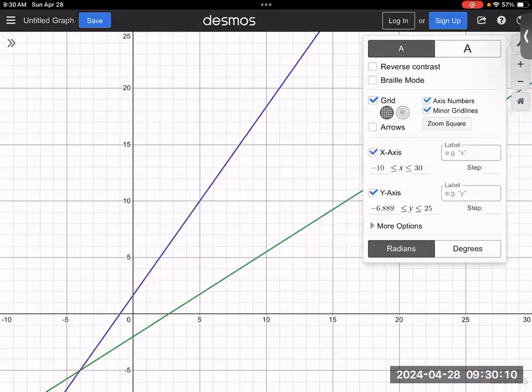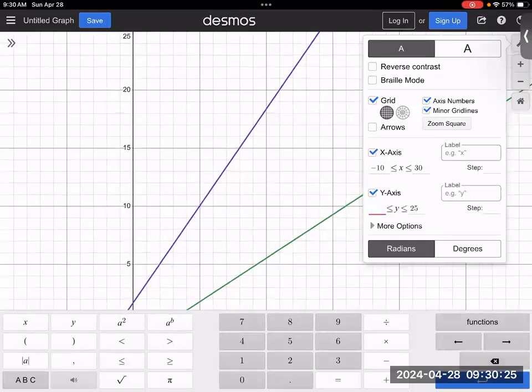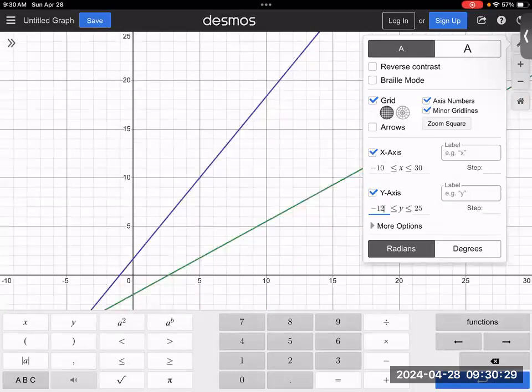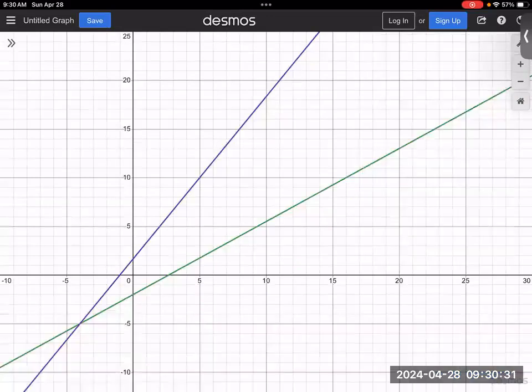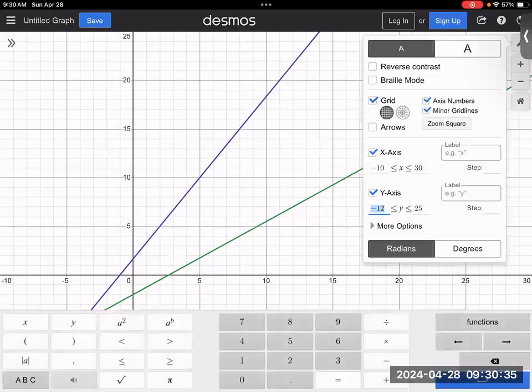Maybe we want to center that value there. So notice that I would like to go a little bit further down and to the left, down being my y axis, my y minimum. So maybe we do something like -12. Do I like that? Oh, let's get a little bit further down. I want to center it just a little bit more.